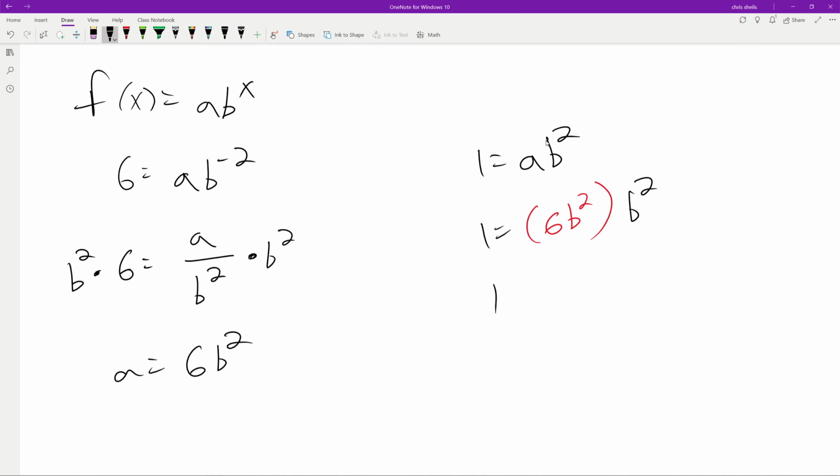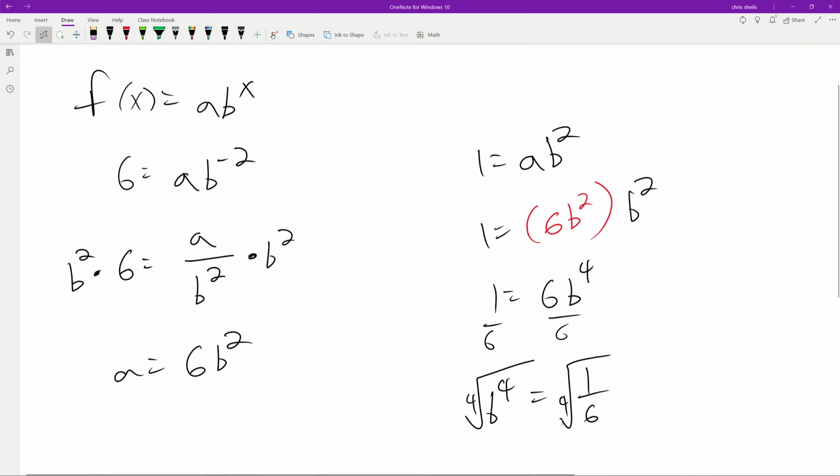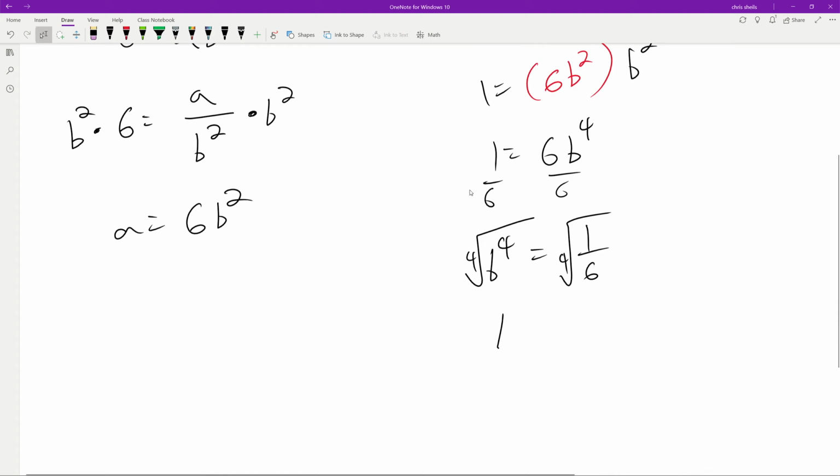This means that 1 is equal to 6b to the 4th power. Divide both sides by 6, and I get that b to the 4th power is 1/6. Now I can take the 4th root of both sides. This gives me that b is about 0.6389.